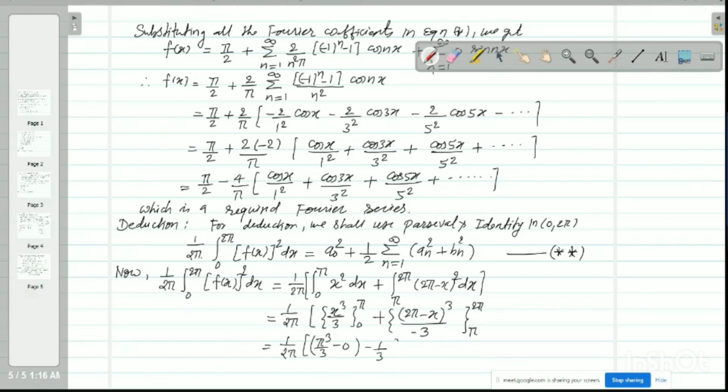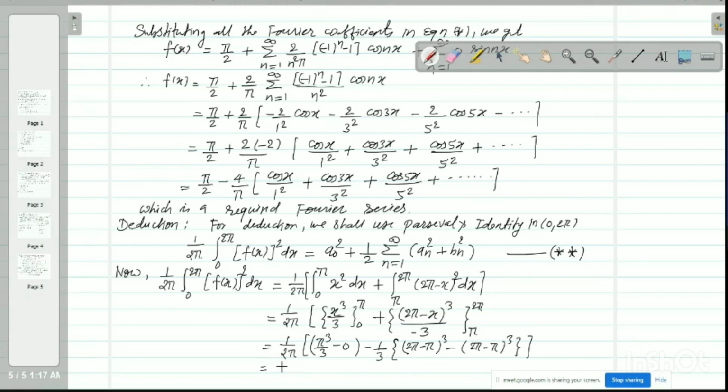For the second term, upper limit is 2 pi minus pi cubed, and minus 2 pi minus 2 pi cubed, with the 1 by 3 taken outside. Just close the bracket. I am writing below. Are you able to see below?